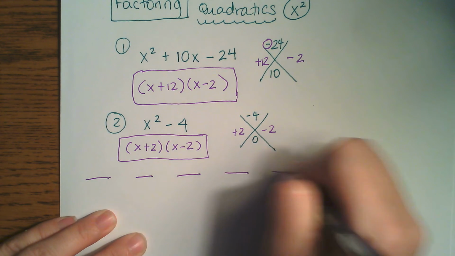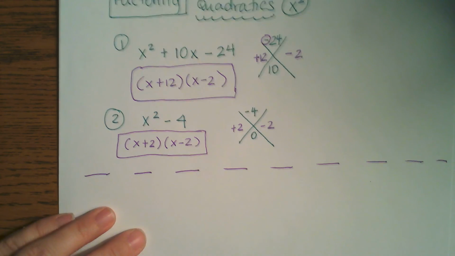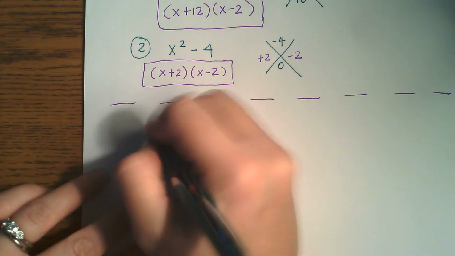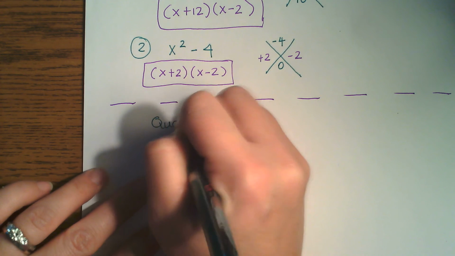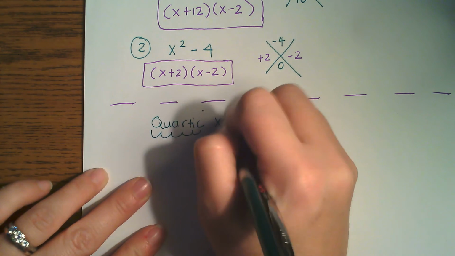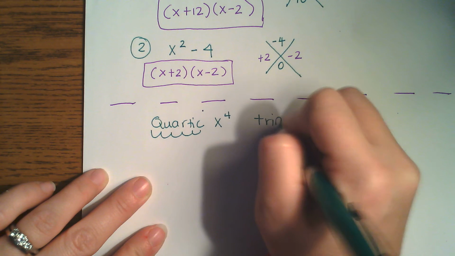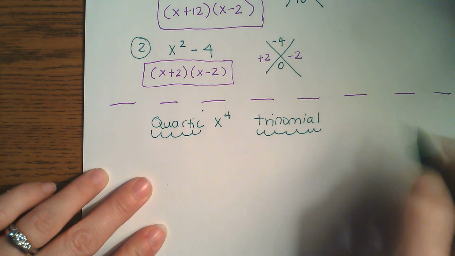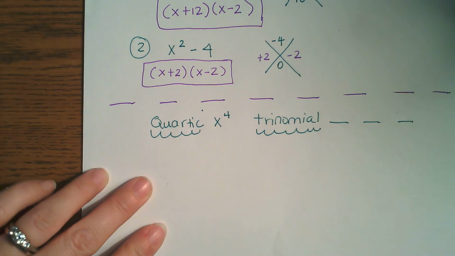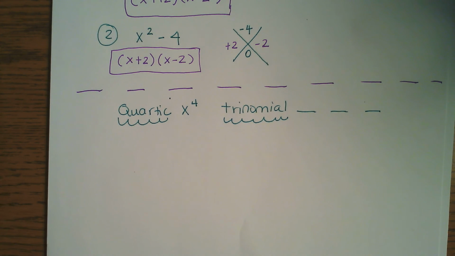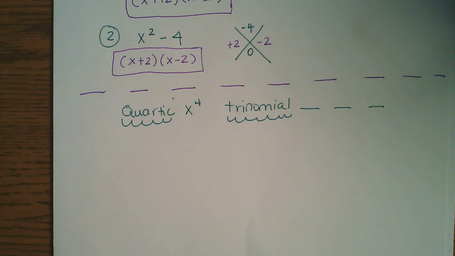So that was old stuff, but we went over the old stuff in order to prepare for the new stuff. So this is factoring a quartic. x to the 4th trinomial. One, two, 3 terms. So a little bit of vocab review for you. There is a naming problem on the midterm.